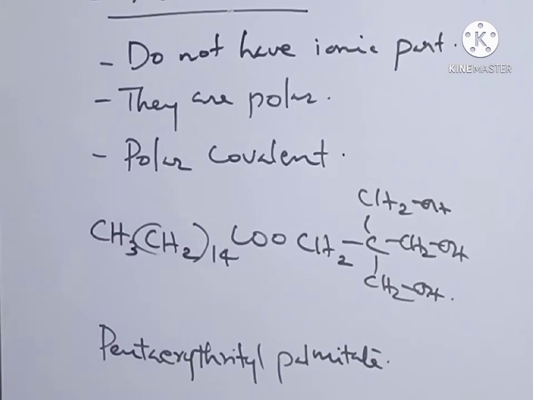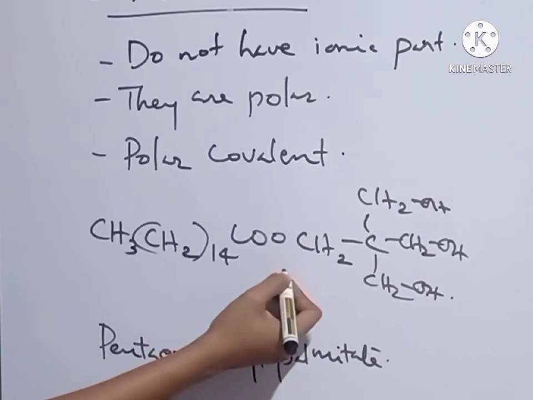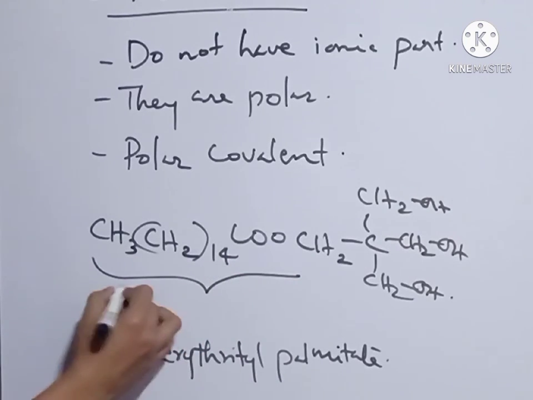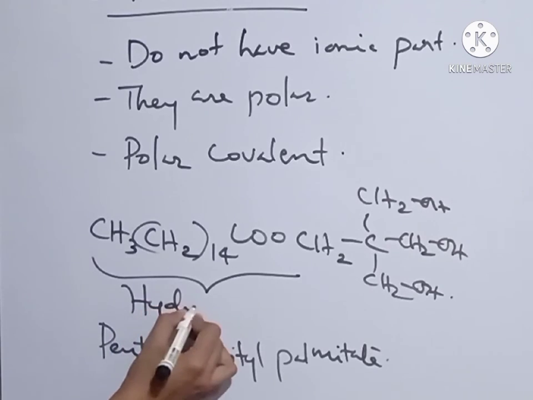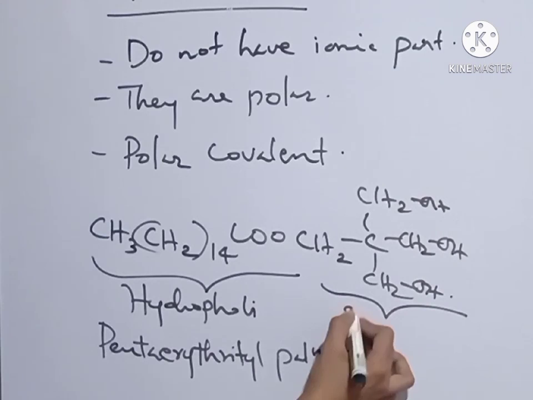Simply looking, we cannot see any polar and non-polar part in this molecule, but this molecule is polar. If we look at this part, this is a hydrophobic part, and the remaining part is hydrophilic.